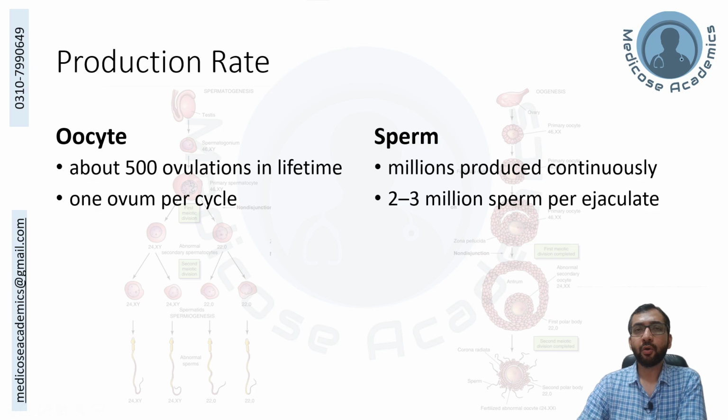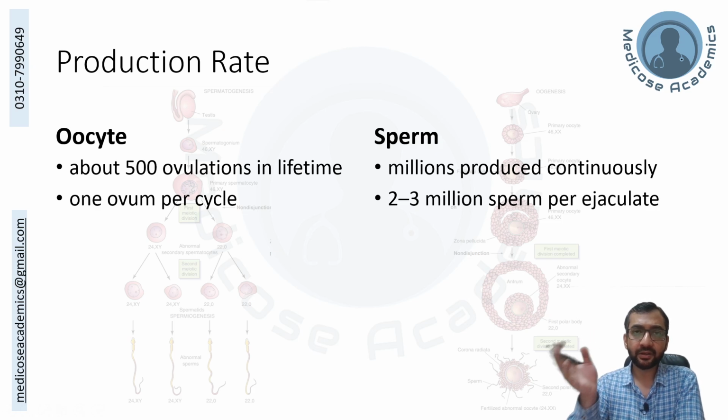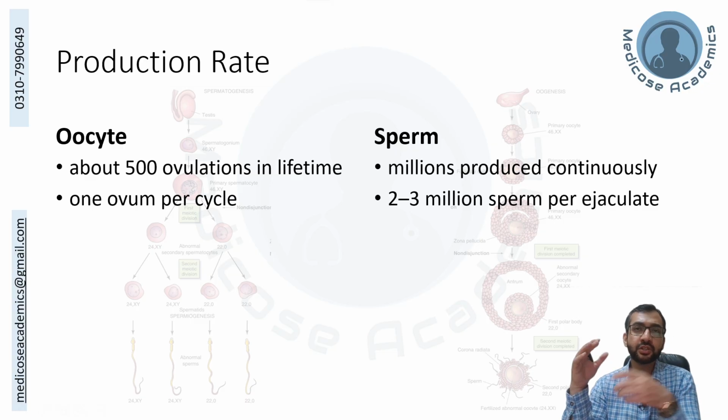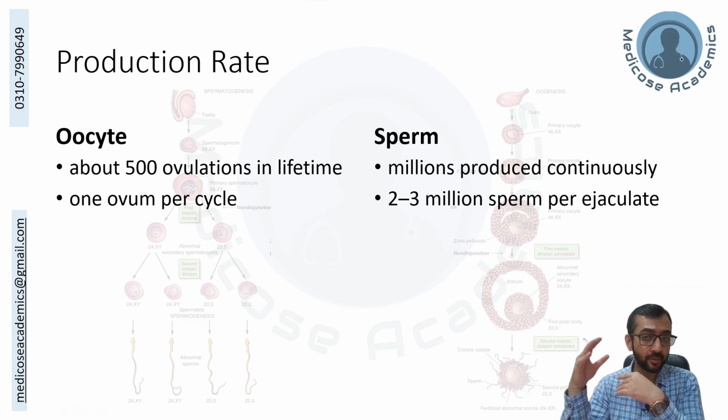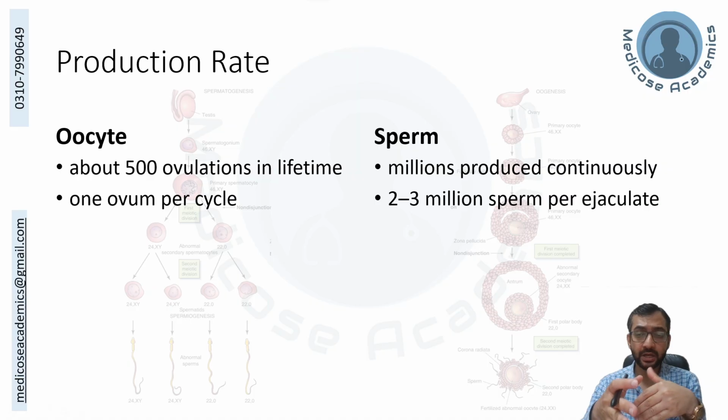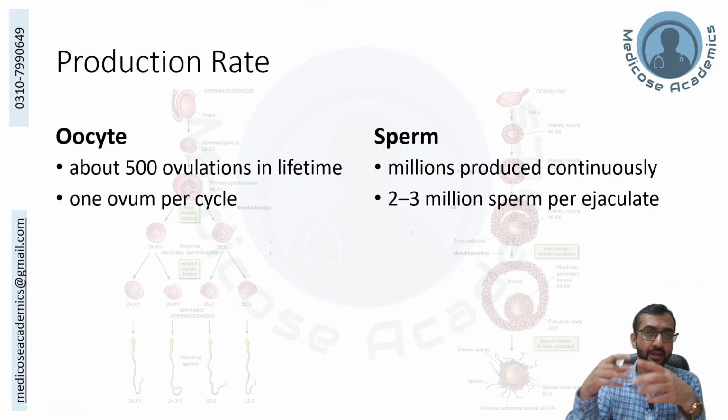Production rate. Ovulation is a highly selective and specific event. You start with a large number of primordial germ cells, about 7 million in total. You get to 700,000 at birth. You get to 40,000 at menarche, or the start of menstruation. And each cycle, 20 to 30 are picked up, but only one is ovulated.